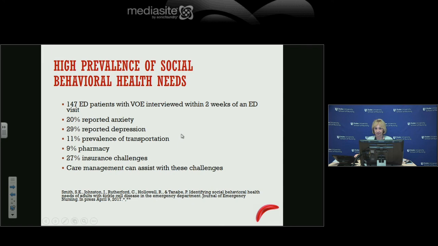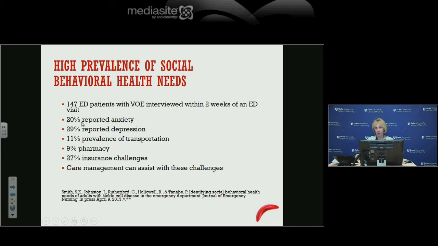So we're going to end on the social behavioral health needs. This is some data that we were able to get out of our emergency department here at Duke. These are just our Duke patients. We implemented a very simple screening form that I'm going to show you, which the social workers did in the ED.